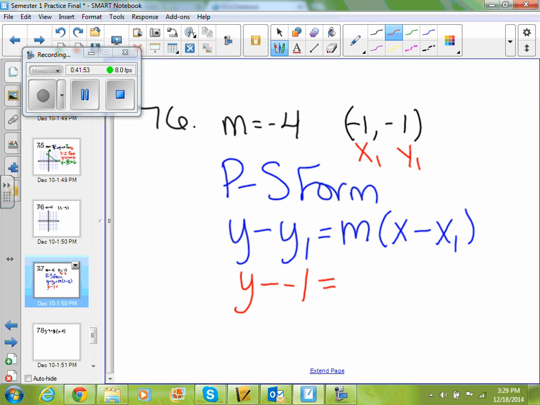What's my m? -4 times x minus my x1, which is -1. Have to fix the negative minus positive. Yes, very good. So we have to fix these minus negatives, and they change to positives. So we actually end up with y plus 1 equals -4 times x plus 1.